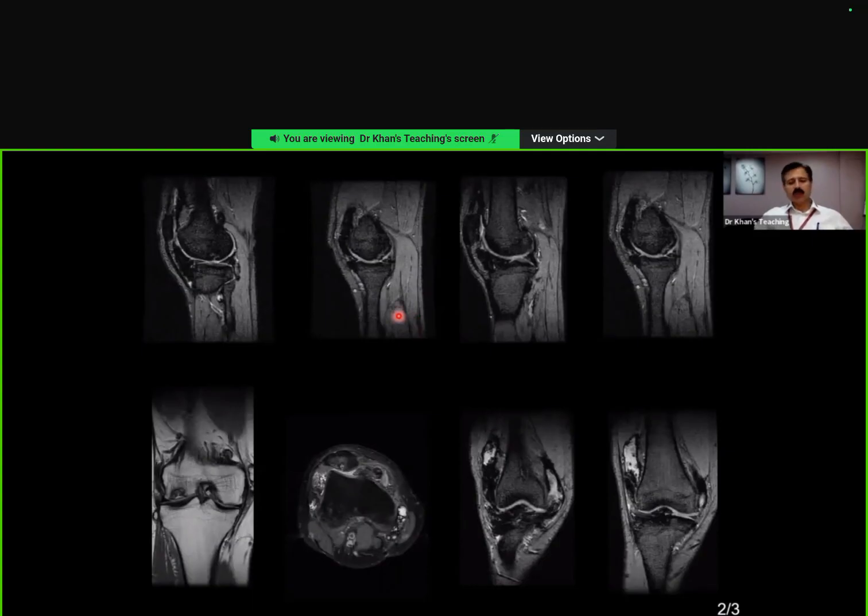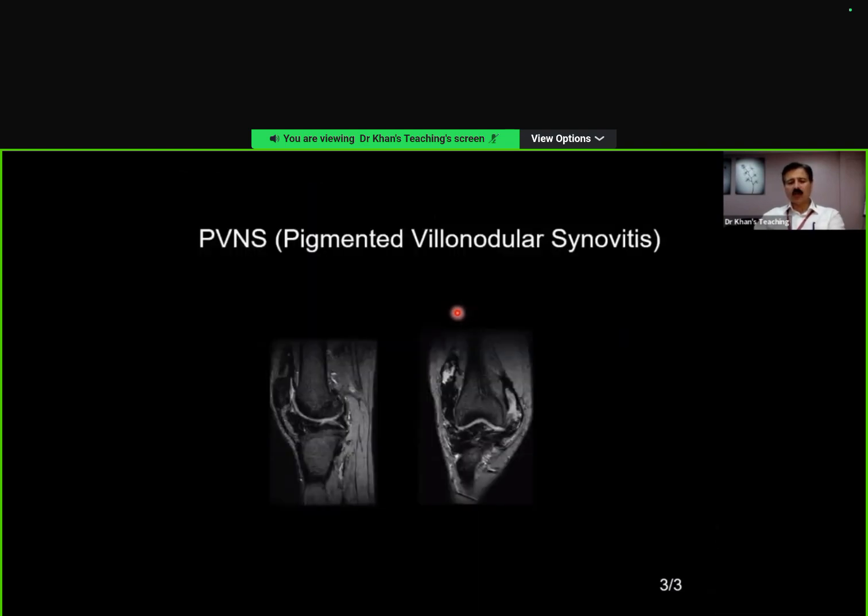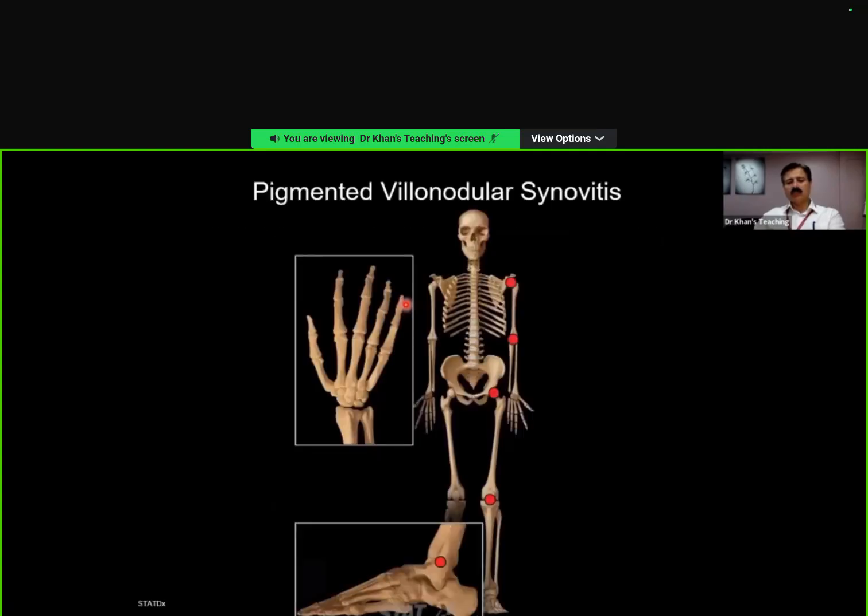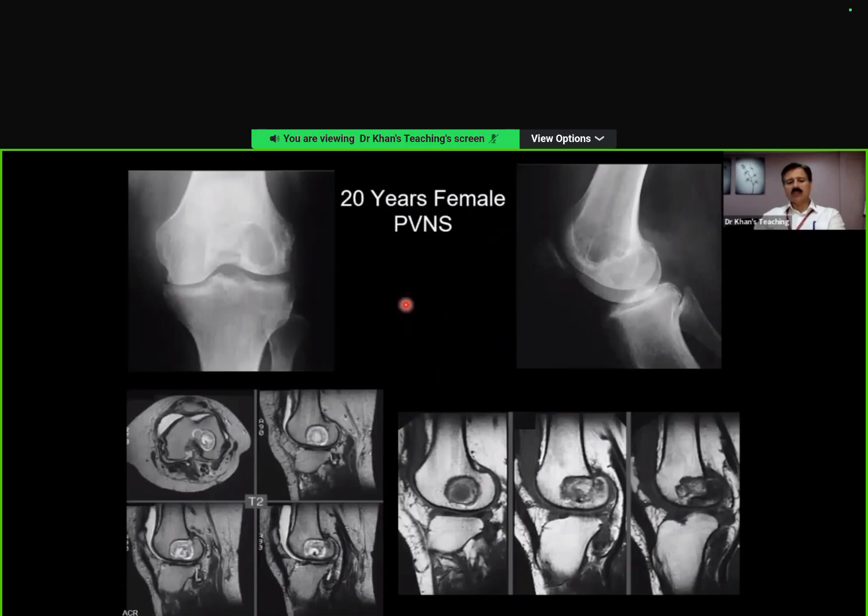So there is low signal, which is a bit of hemosiderin, and this is pathognomonic in a young age group for pigmented villonodular synovitis. So remember, the gradient echo sequence, T2-weighted sequence will show it as low signal.